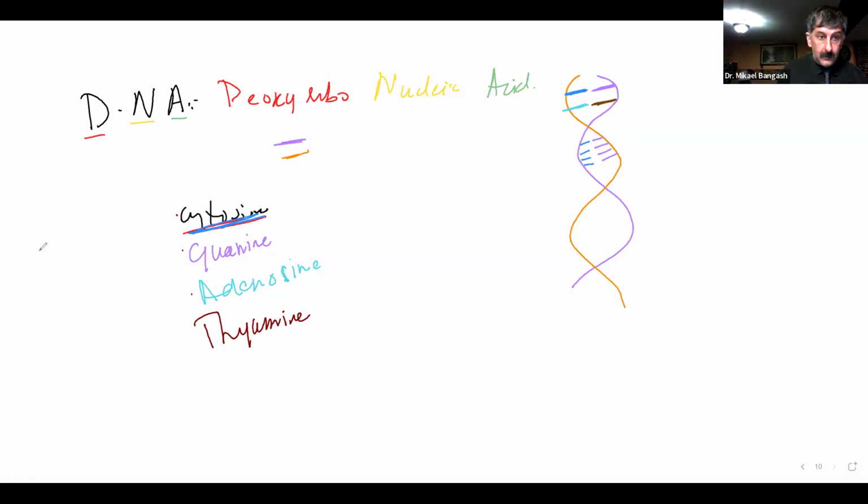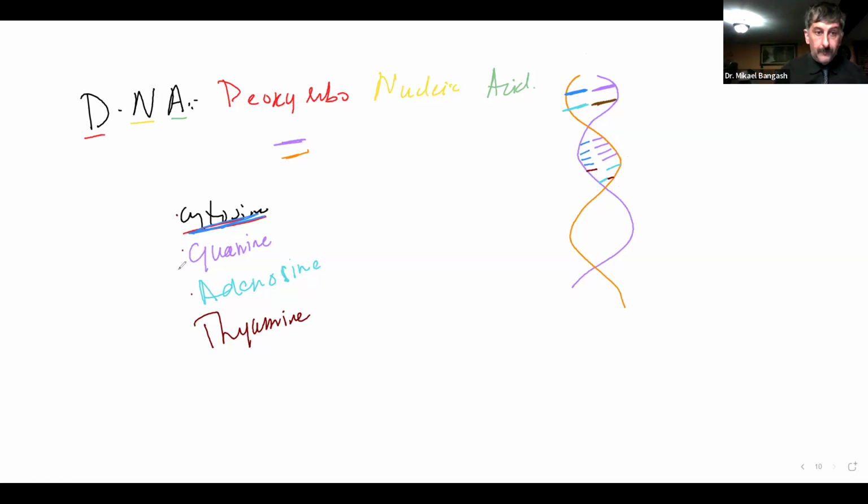Adenosine can only join with thymine. But pretty much, the sequence of the bases along one strand or the other strand makes up different DNA.